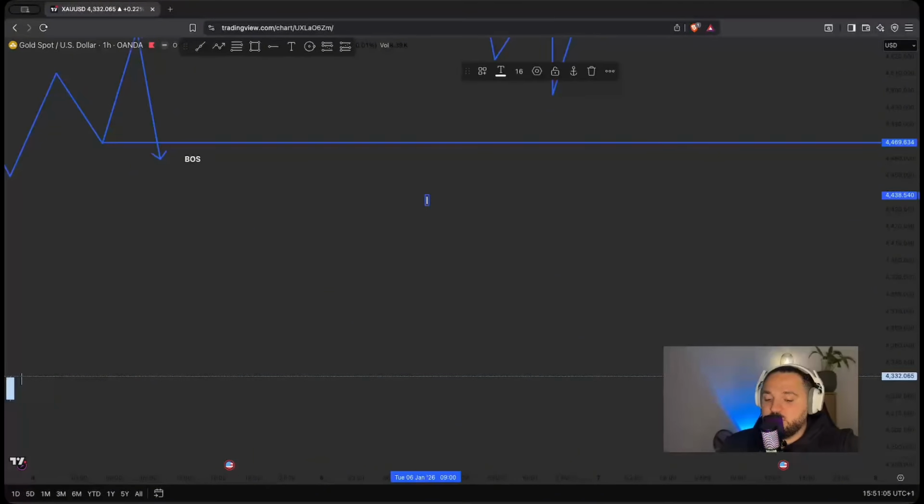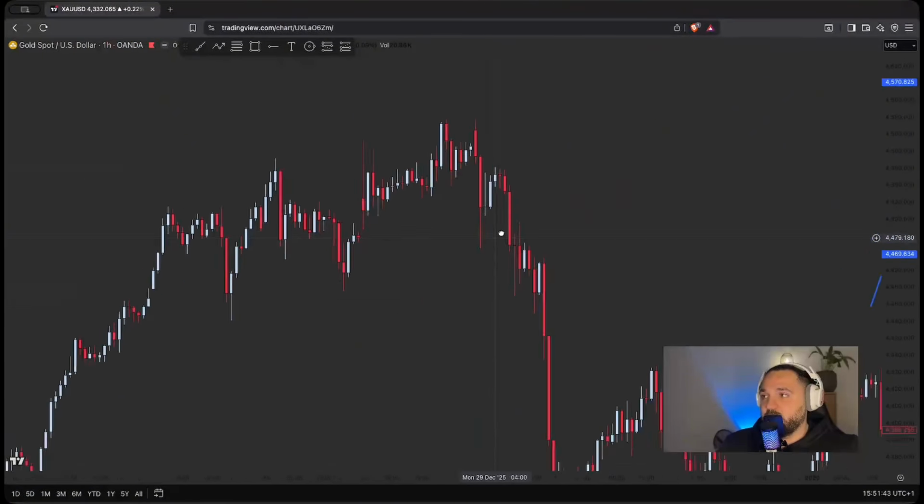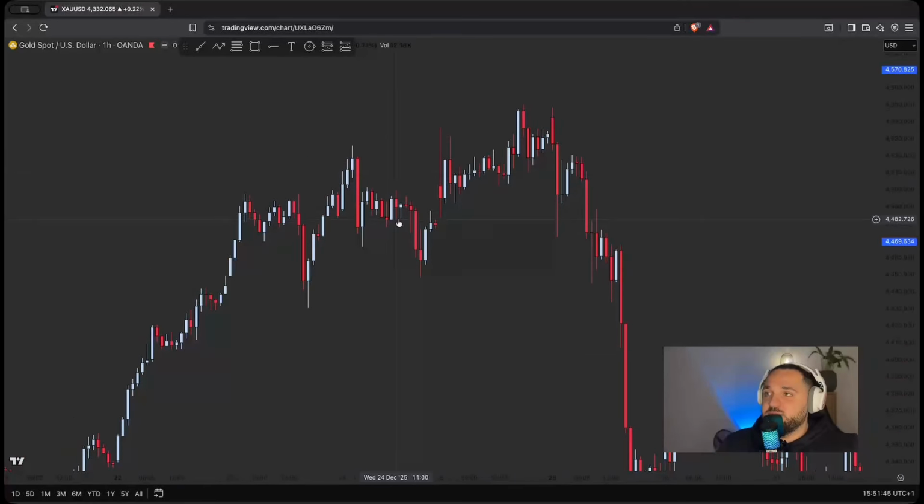In this next part, we're going to go over some rules about market structure. One of the most important rules is that with market structure, we only consider our candle body closures. What does that mean? Let's have an example on our charts here. Let's say price came up here and we have a huge wick.